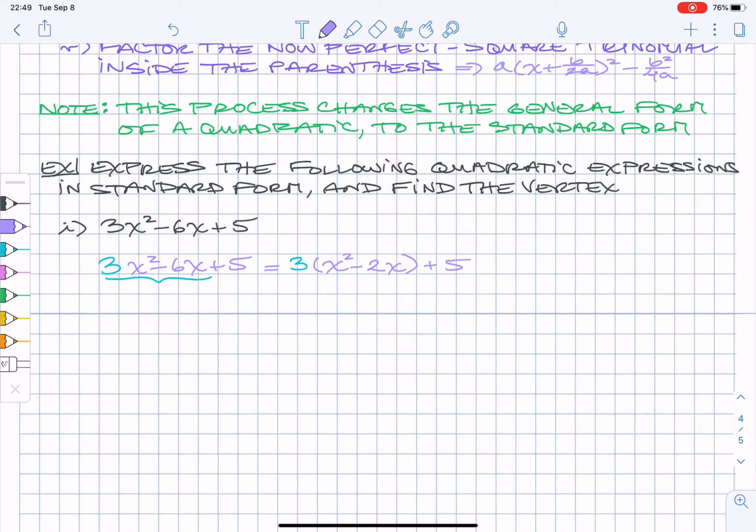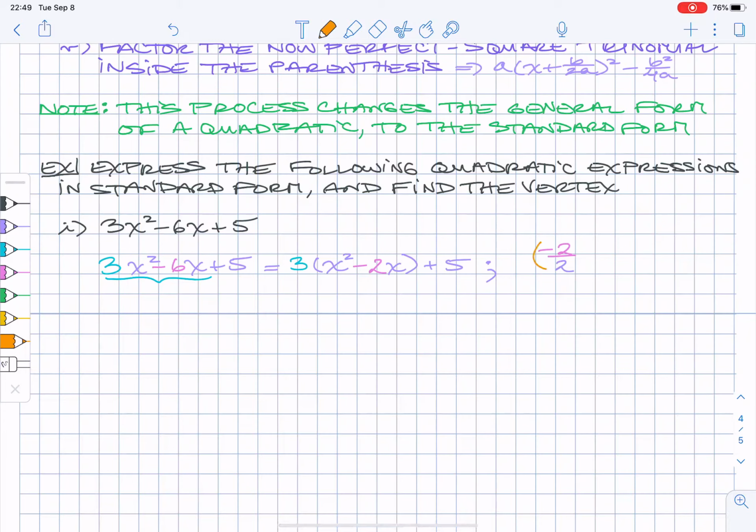Now I'm asked to take half the linear coefficient. Let me color code the linear coefficient, so minus 6 minus 2.